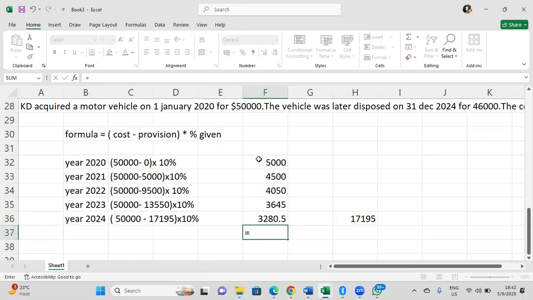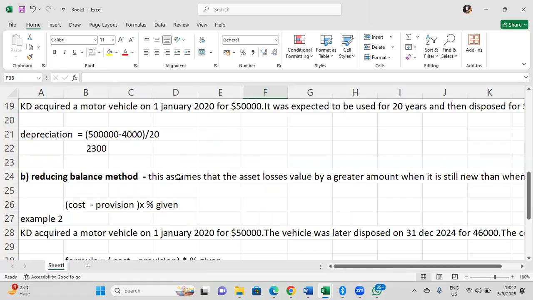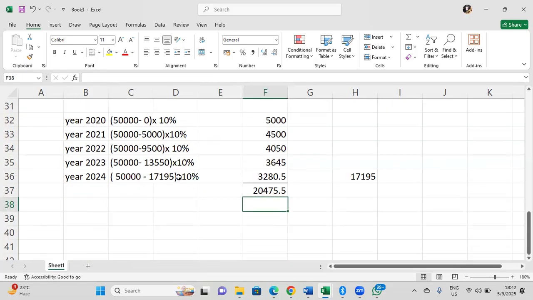The total depreciation of the asset from the day it was bought up to the time it was sold is 20,475. Okay, now let's move on.